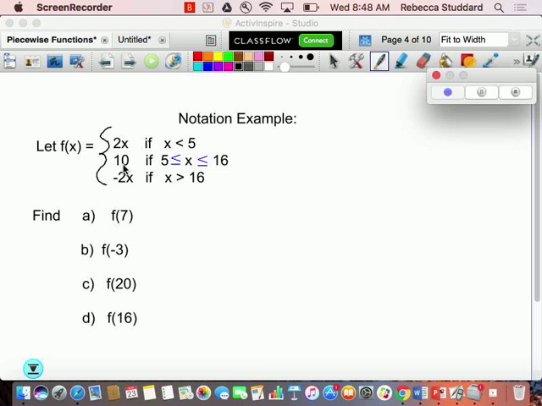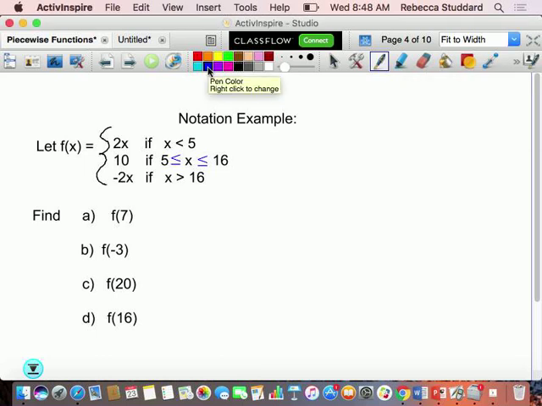That's it. Your answer is just 10. When x is between 5 and 16, f of x is 10. So this one's just 10. Because our function rule tells us that when x is between 5 and 16, our f of x is 10.